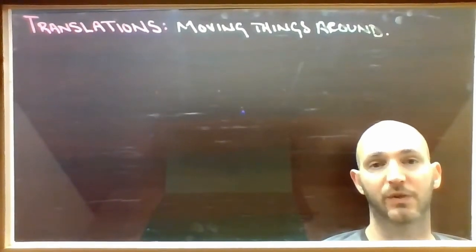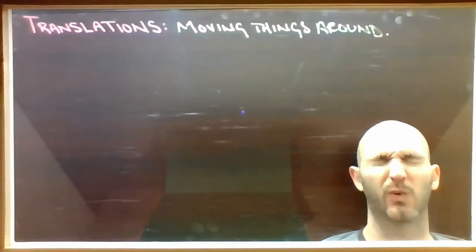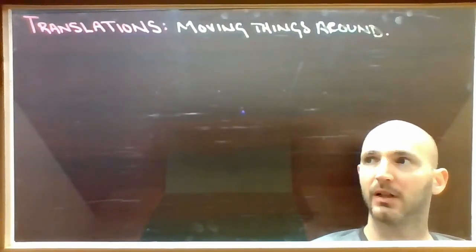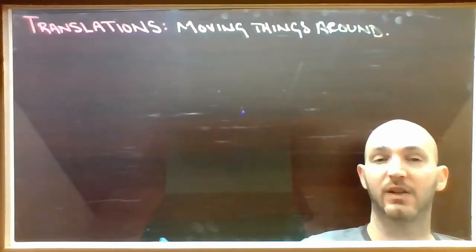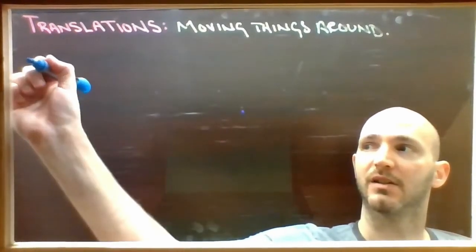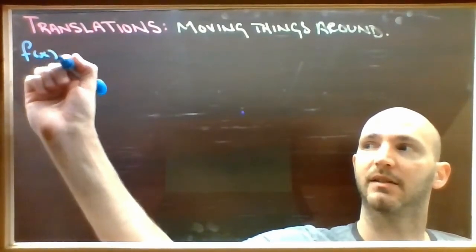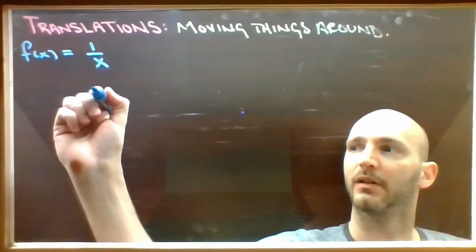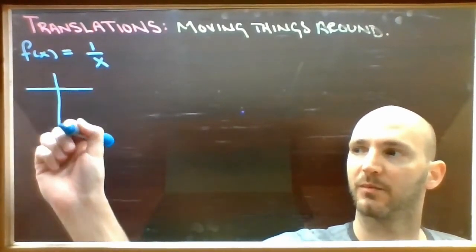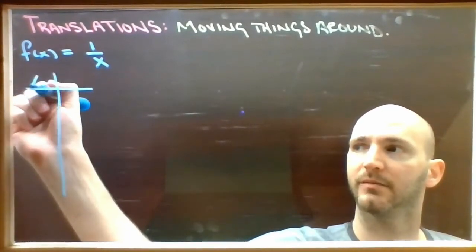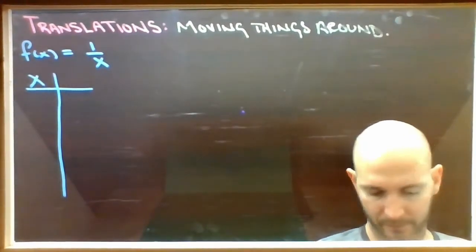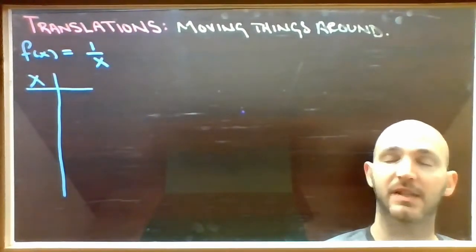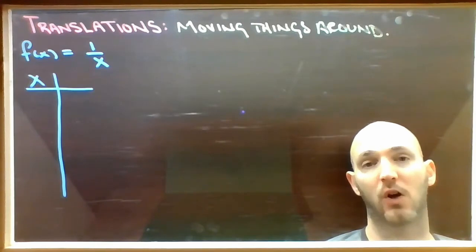So I need to do a translation of one that has been moved rightward and downward. So for that, I'm going to choose the rational function. So f of x is 1 over x. So I'll make a little table for my basic pattern. So this function returns fractions for all values.